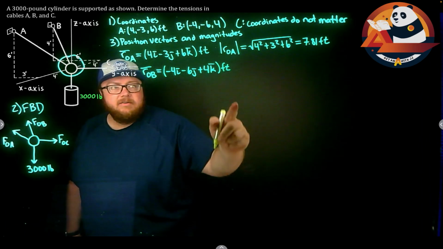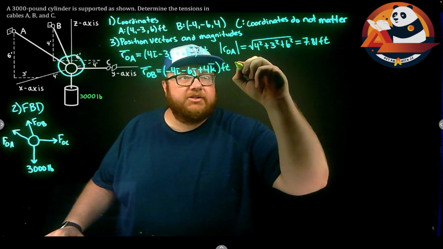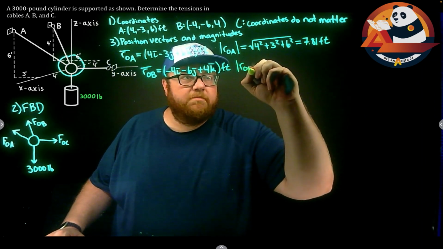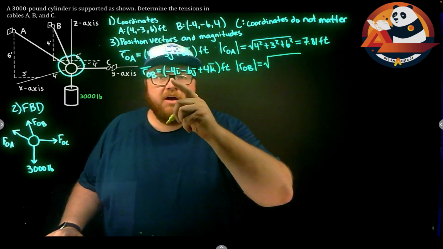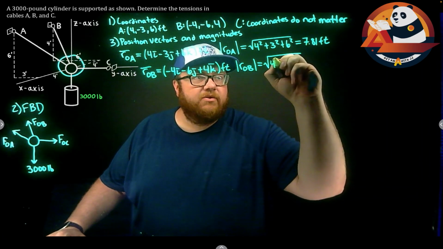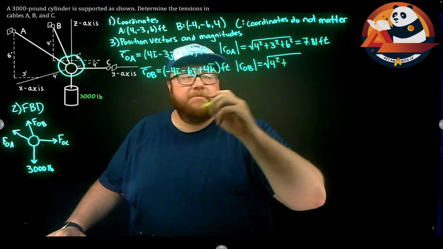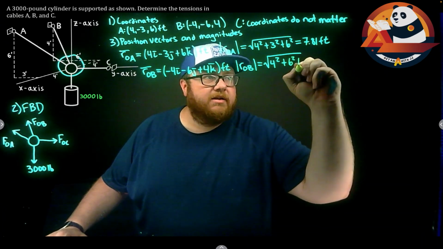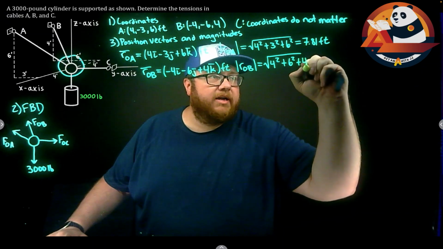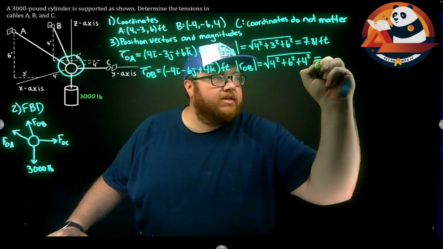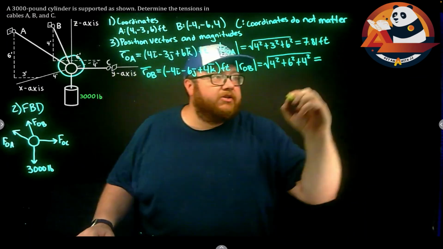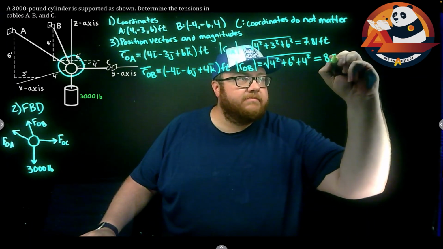And the magnitude of ROB should get us the square root of our I component squared, 4 squared, plus our J component squared, 6 squared, plus the K component, 4 squared again. This is going to get me that this is equal to 8.25 feet.